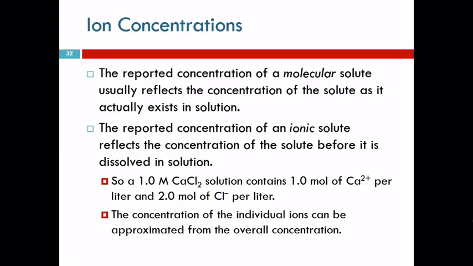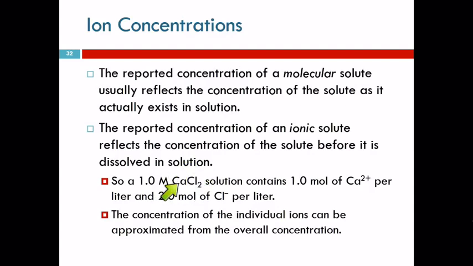So when we report the concentration of a molecular solute, that dissolves into molecules, and the molarity indicates the number of moles of molecules dissolved in the solution. But for ionic solutes, when we're reporting a concentration, we're actually reporting the concentration of the solute before it's dissolved in solution. So a 1 molar calcium chloride solution has 1 mole per liter of calcium chloride formula units dissolved in it.